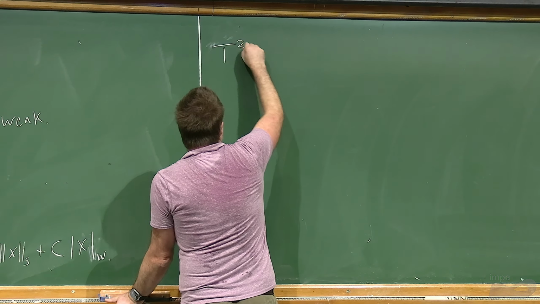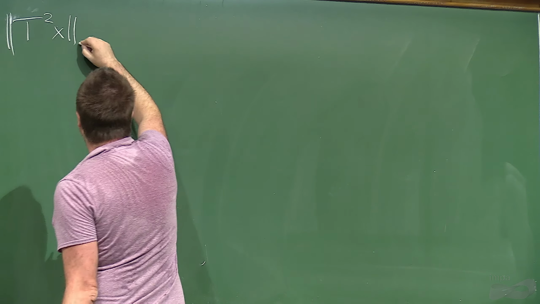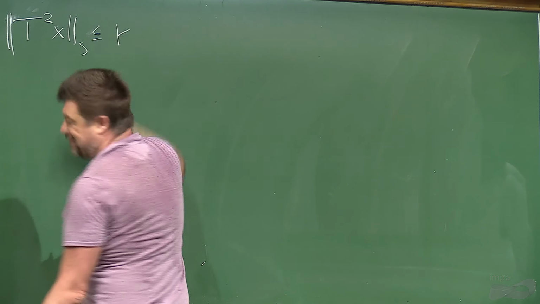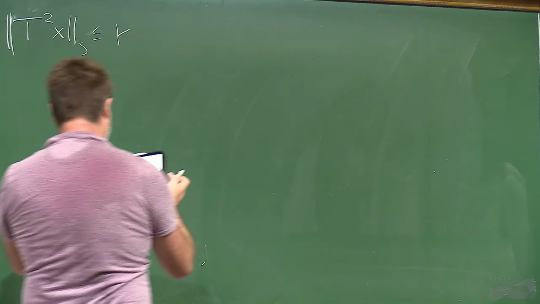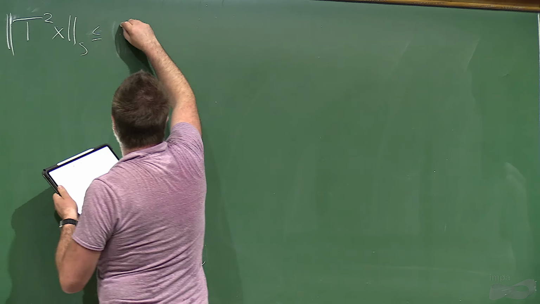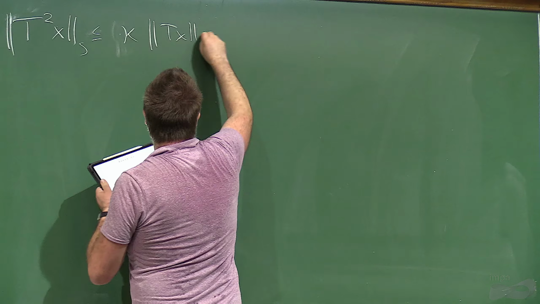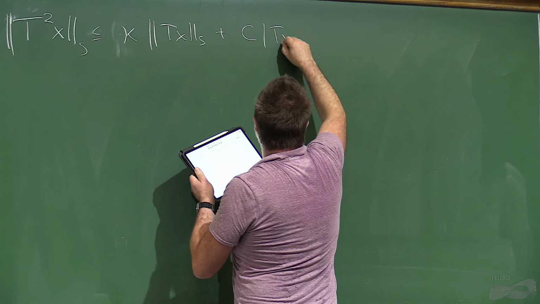What is the strong norm of T squared of x? Well, this is at most, let's see, I'm going to cheat and use my notes. This is at most kappa times the strong norm of Tx plus c times the weak norm of Tx.